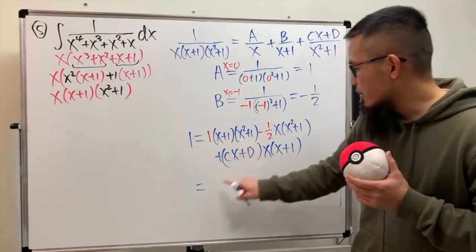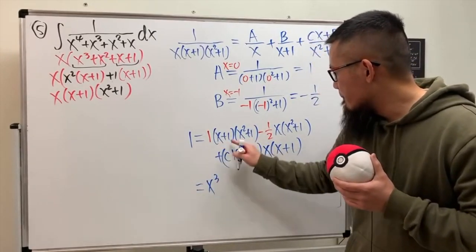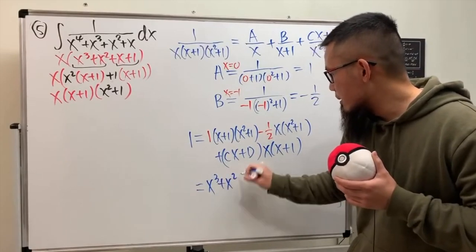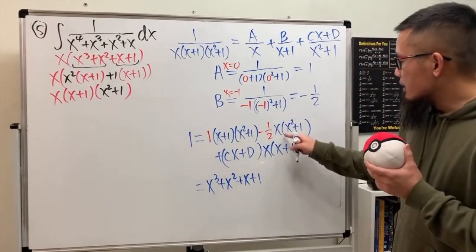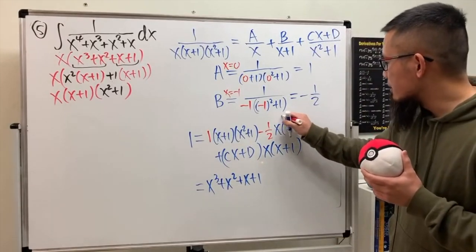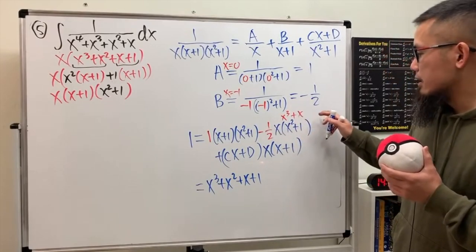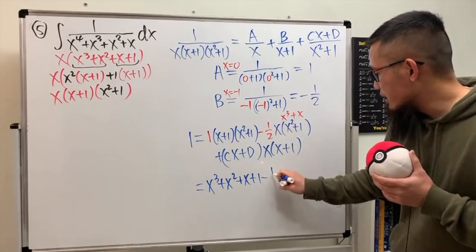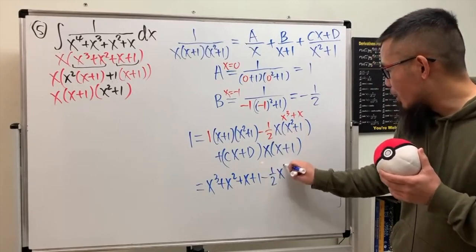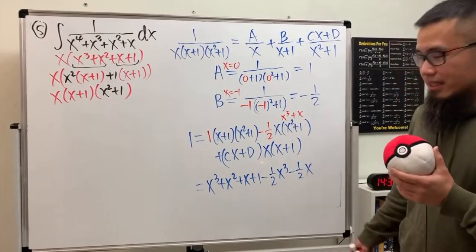So let's see, this right here is going to give us x to the third power plus x squared plus x plus 1. This right here is the same as saying x to the third power plus x, right? Yeah, and then just distribute the negative 1/2. So negative 1/2 x to the third power, and then negative 1/2 x.